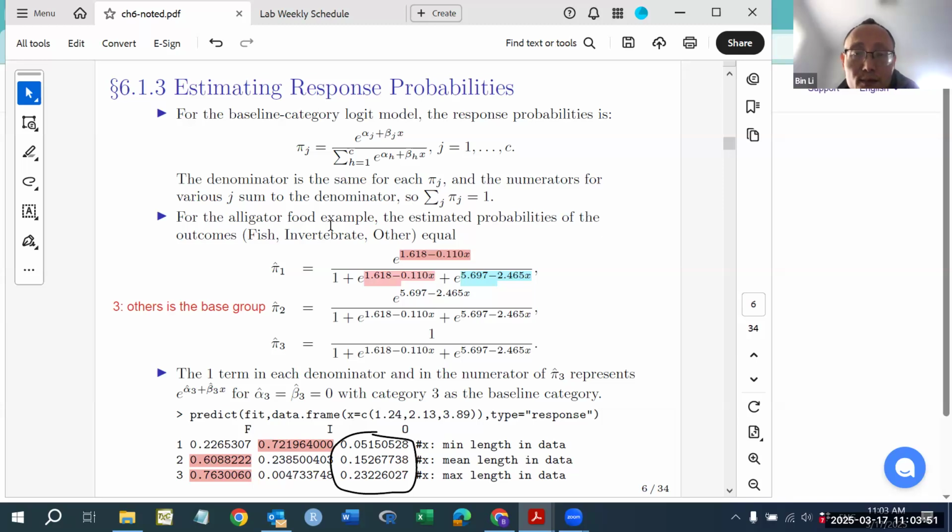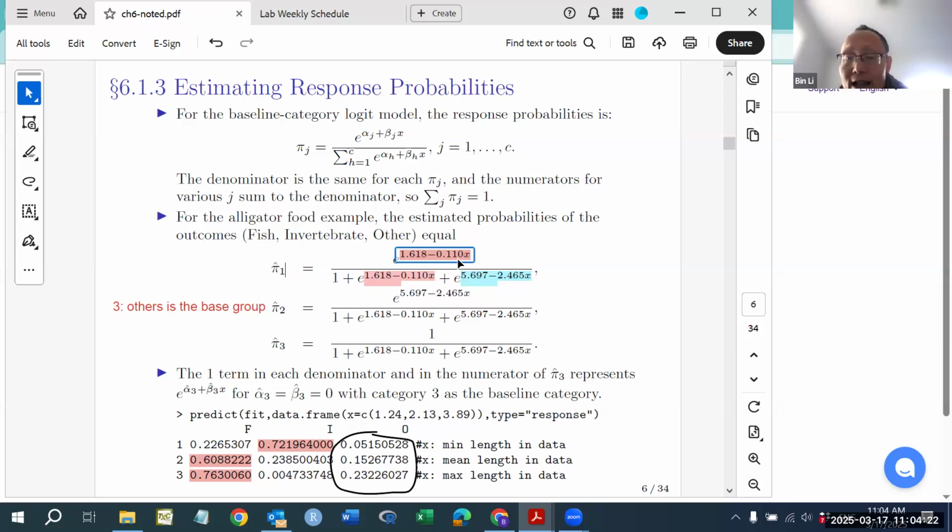So for the alligator food example, let's see the estimated probability for the outcomes. Type 1 is fish. So the probability for an alligator to choose fish as the primary food choice is this one. The numerator is the exponential of 1.618 minus 0.11x.